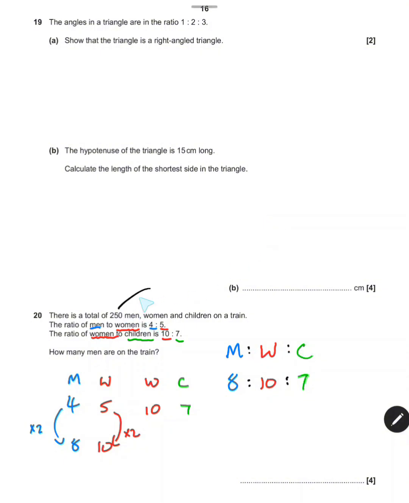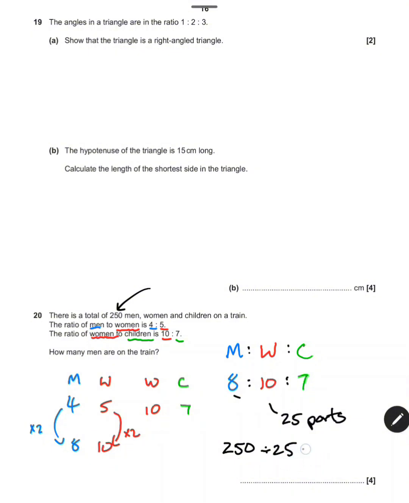Back to the question, we know there are 250 people altogether, so I need to share 250 into this ratio. So there are 25 parts altogether. I'm going to do 250 divided by 25.